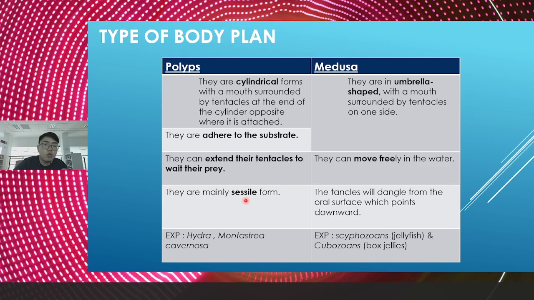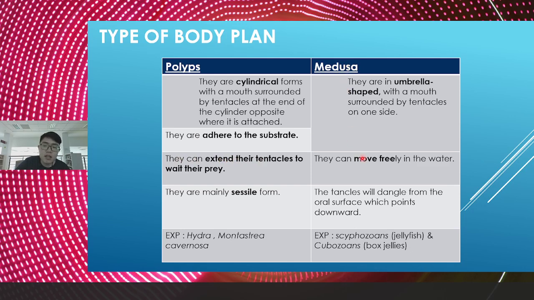So if they do not move, how do they get food? They can extend their tentacles to catch the prey, like setting a trap to catch the prey so that it can eat.